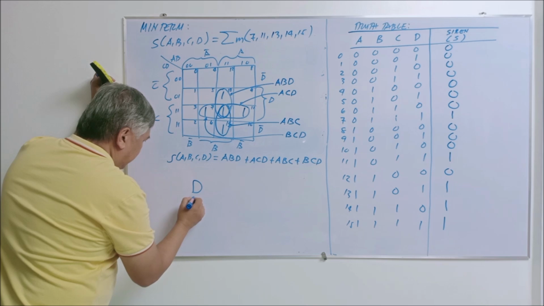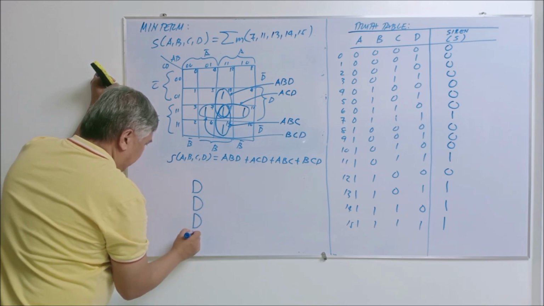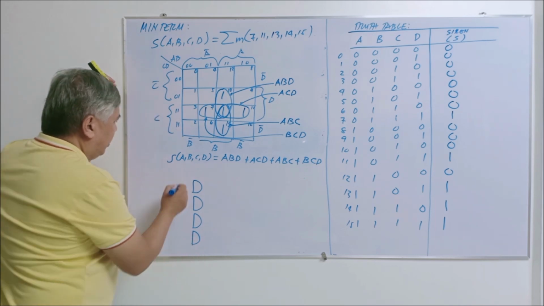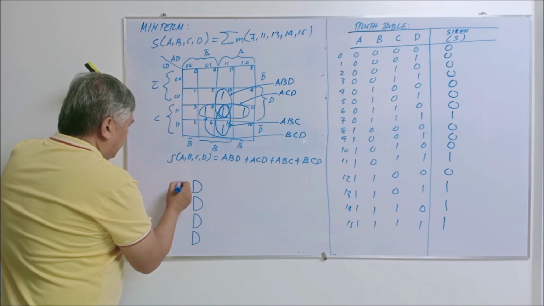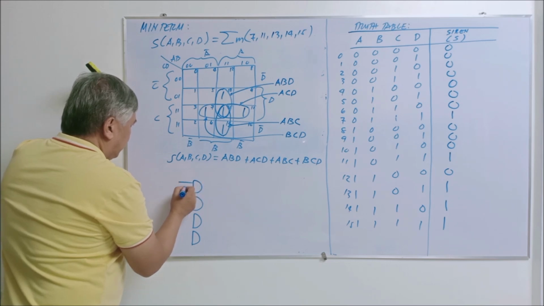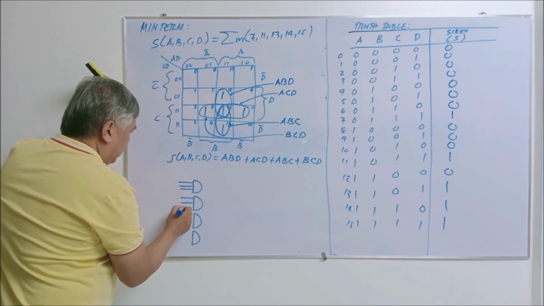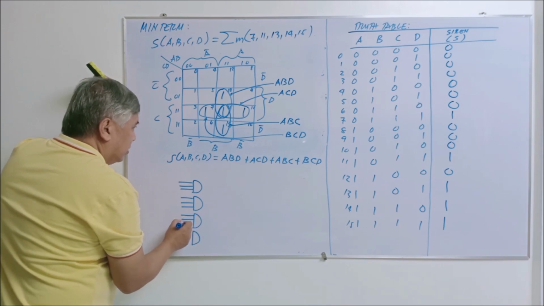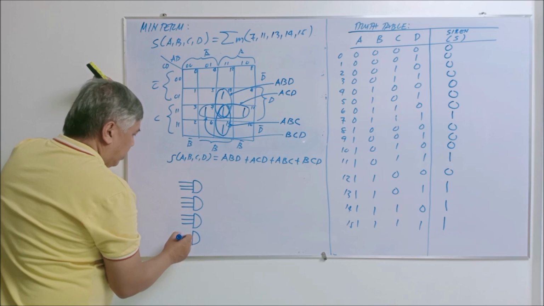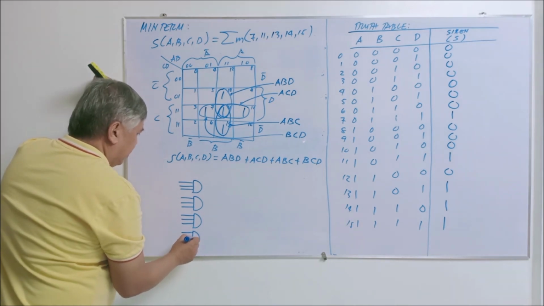So you have A, B, D; A, C, D; A, B, C; and B, C, D. Okay?